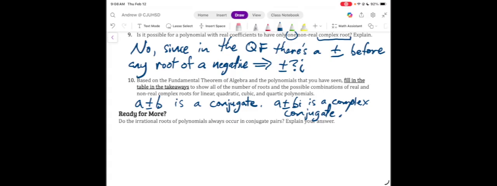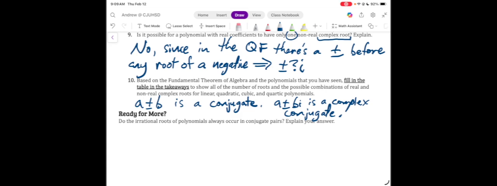So what we just discovered in number 9 was that if you have a complex root, the conjugate is automatically a root. So that means they come in pairs. They come in 2s or 4s or 6s. They never come in odd numbers.